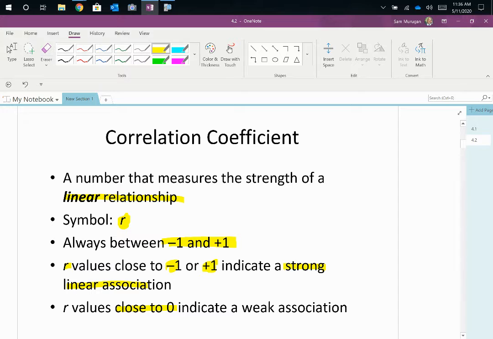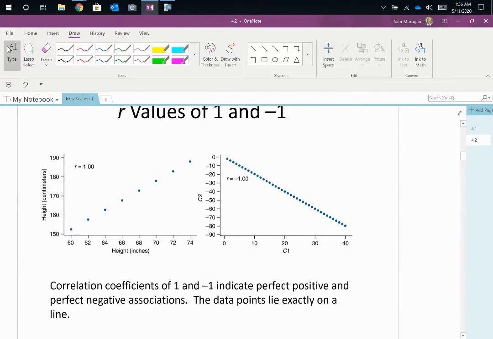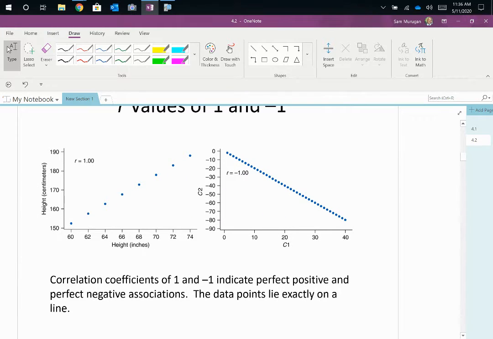R values close to 0 indicate a weak association. So correlation coefficients of 1 and -1 indicate perfect positive and perfect negative associations.